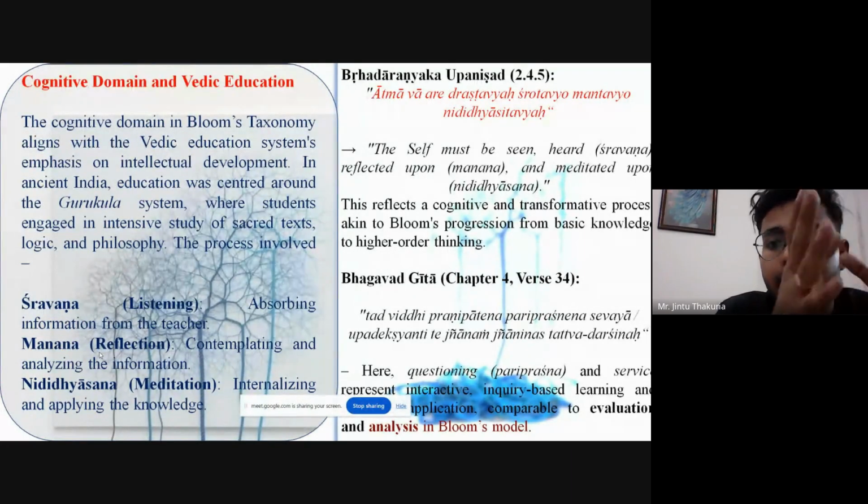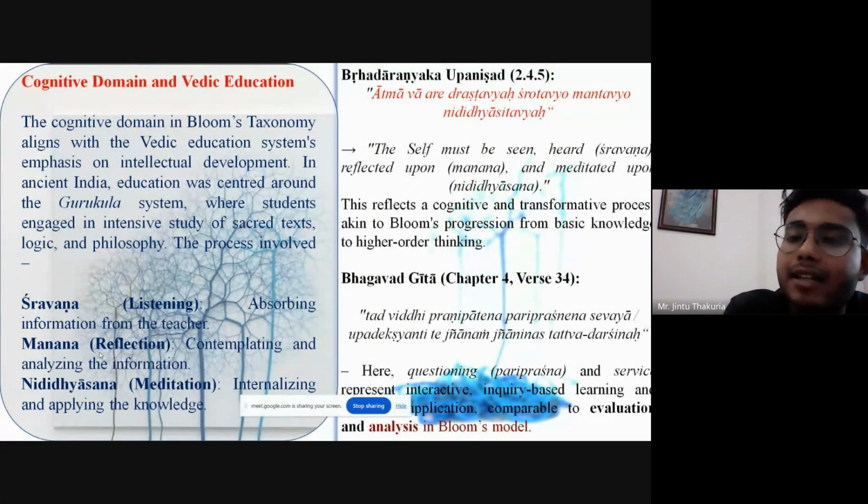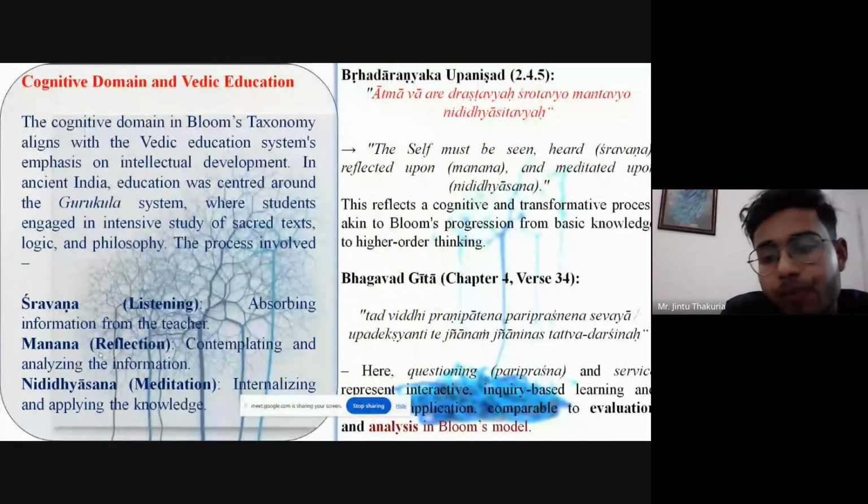The Brihadaranyaka Upanishad states that the self must be seen, heard, here meaning Shravana, reflected upon, Manana, and meditated upon, Nididhyasana. Now, you see, Bloom's taxonomy starts from the basic knowledge, the first stage, and goes to higher order thinking.